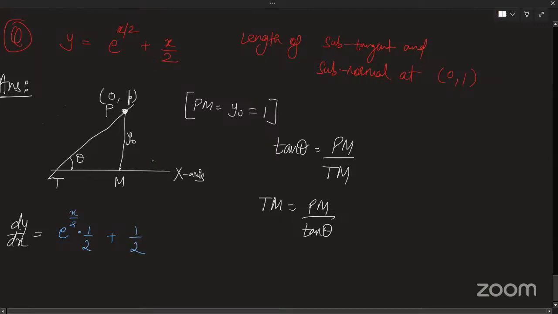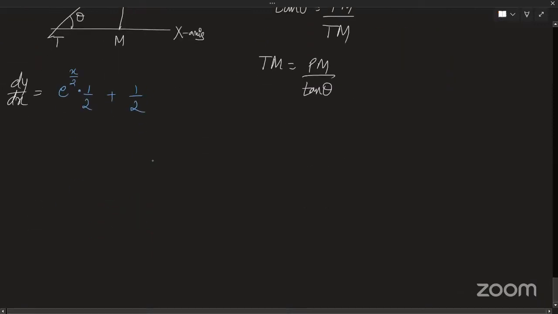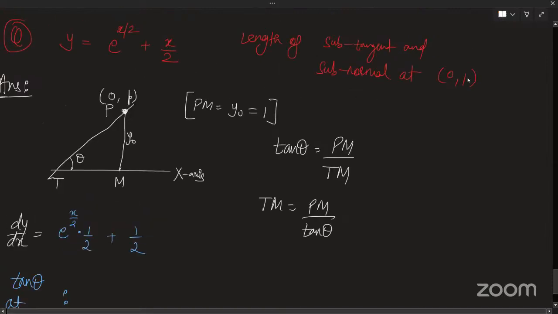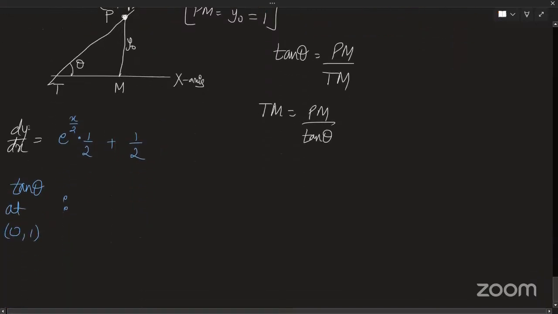I already know the point. The point is 0, comma 1. Can you tell me the value of tan theta at 0, comma 1? 0, comma 1 means x is 0 and y is 1. So what will be the value of tan theta?